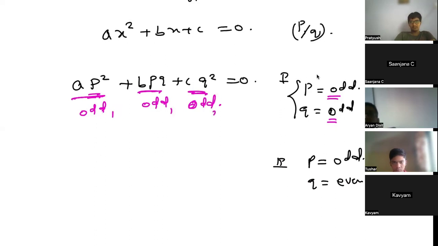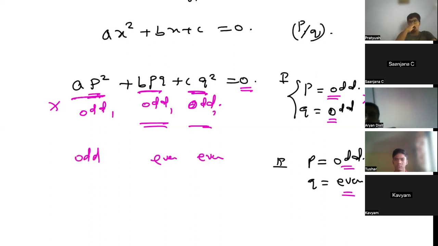Very good. And the second case, if p is odd and q is even: if q is even, then these two terms will be even, and one of them is odd. Is it possible that this number will be 0? It is possible when one is even, but it does not satisfy our condition that all the coefficients are odd.